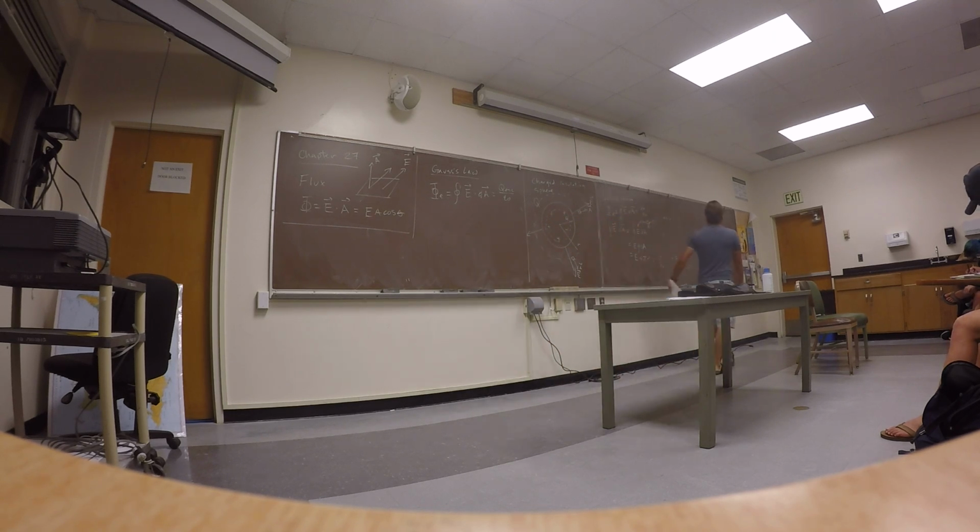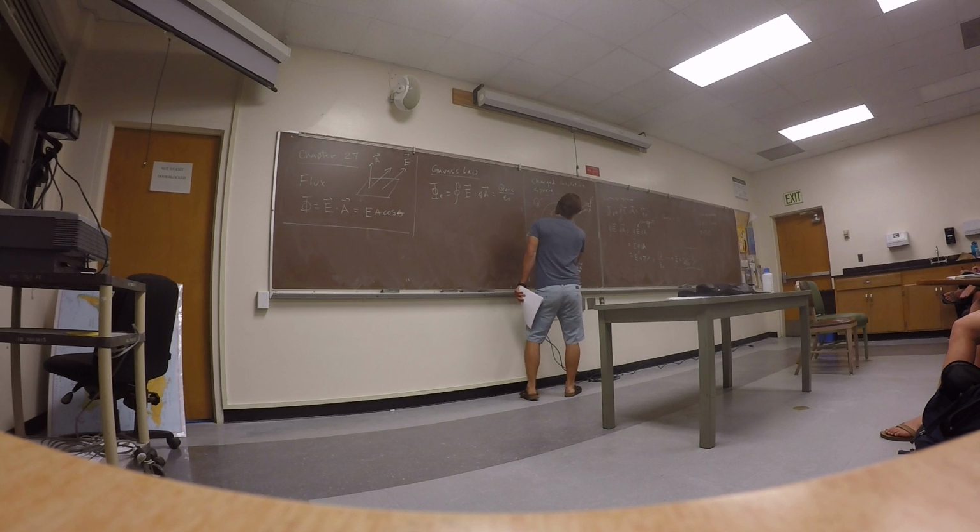So the left-hand side of this equation looks the same. Left-hand side is E times 4 pi r squared. It stays the same as before. Everything is the same about the geometry.